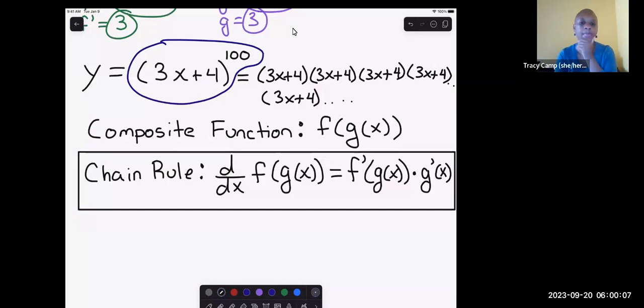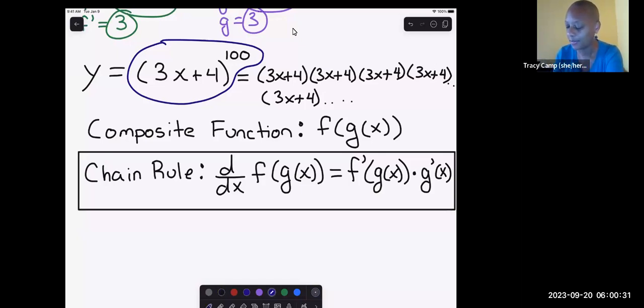And notice it's set up to indicate that you're working with a composite function, the derivative of f of g of x. So that said, let's look at the function that I just wrote earlier, 3x plus 4 raised to the power of 100.